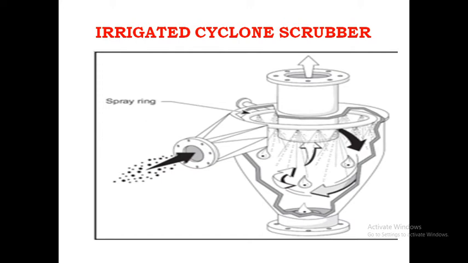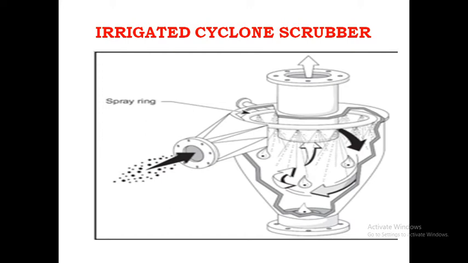This figure shows the irrigated cyclone scrubber. Working principle of the irrigated cyclone scrubber: the inlet gas enters near the top of the scrubber into the water spray. Gas is forced to swirl downward, then changes direction and returns upward in a tighter spiral.